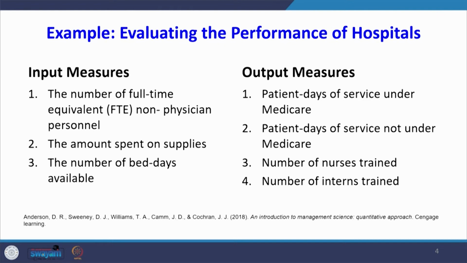We are going to consider 3 inputs: the number of full time equivalent non-physician personnel, the amount spent on supplies, and the number of bed days available. There are 4 outputs: patient days of service under Medicare, patient days of service not under Medicare, number of nurses trained, and number of interns trained. So, 3 inputs and 4 outputs.